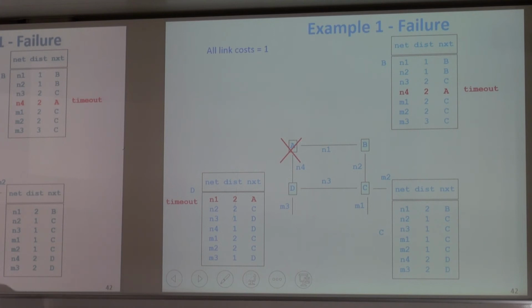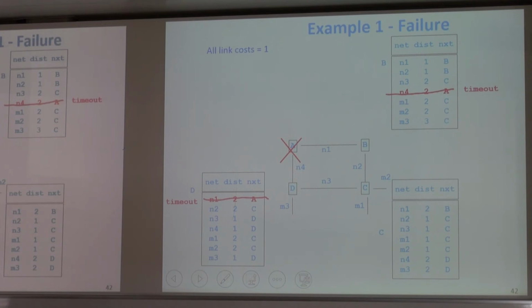You can write plus infinity in the table, or you can delete it. The net effect is that B and D have each deleted the entries that corresponded to what was said by A. Which in fact means now that D doesn't know how to go to N1. So if there's a packet to N1 just now, it will be lost.